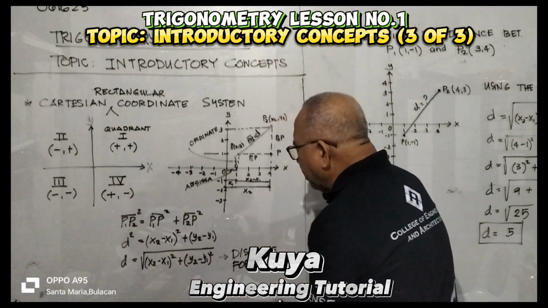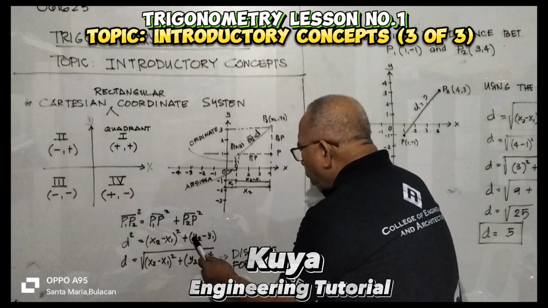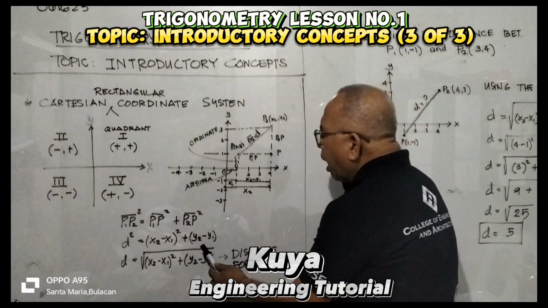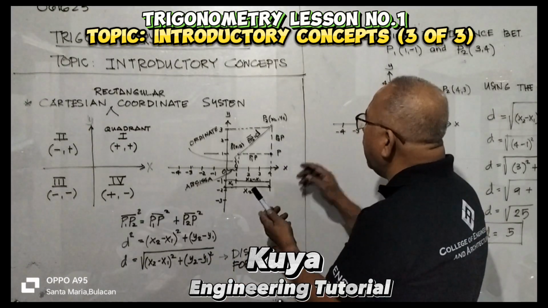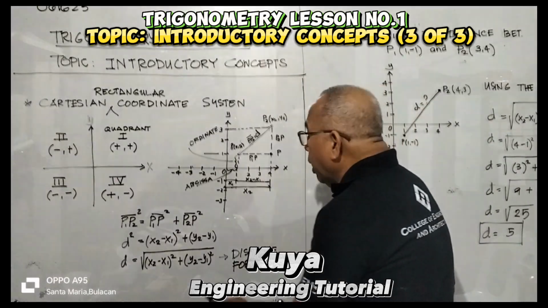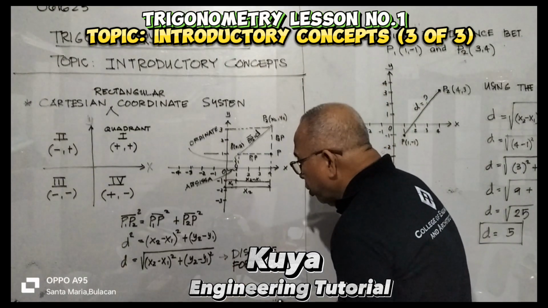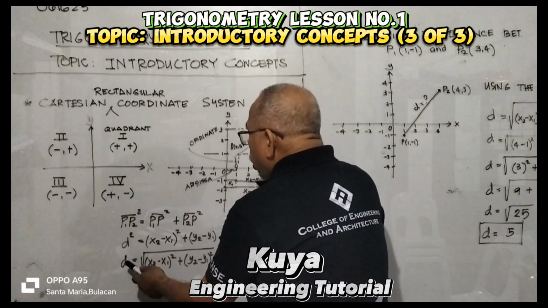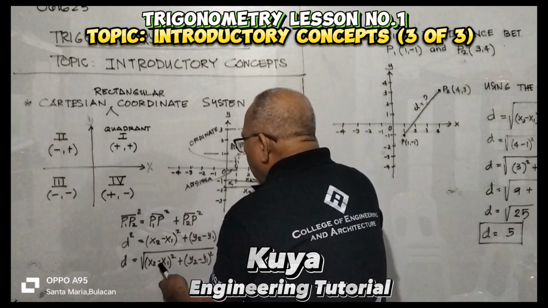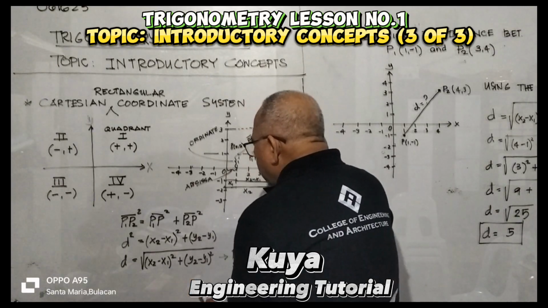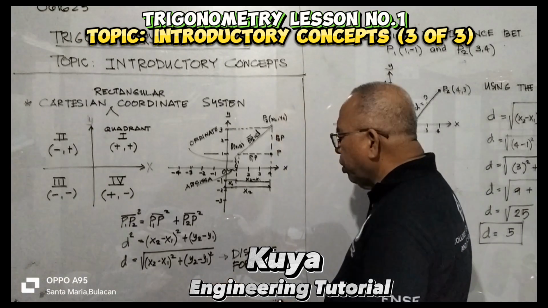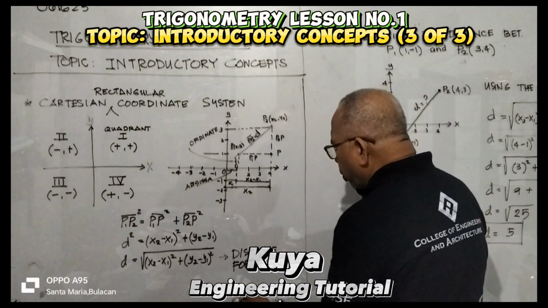Then we square that. Then also, y sub 2 minus y sub 1. Kaya nauna ang y sub 2 kasi mas malaki ang value niya to give us a what we call a positive value. So therefore, D is the square root of x sub 2 minus x sub 1 squared plus y sub 2 minus y sub 1 squared. So that will become our distance formula.